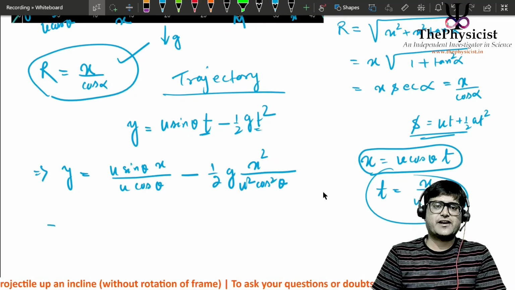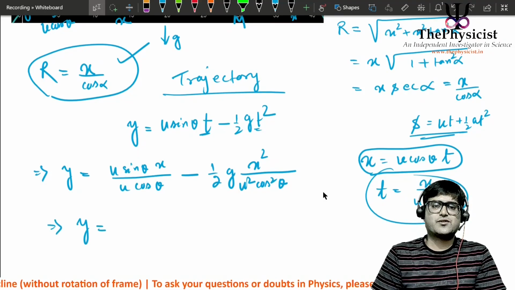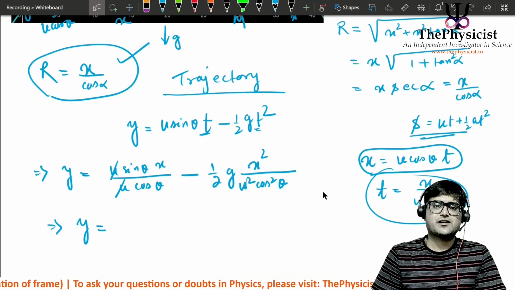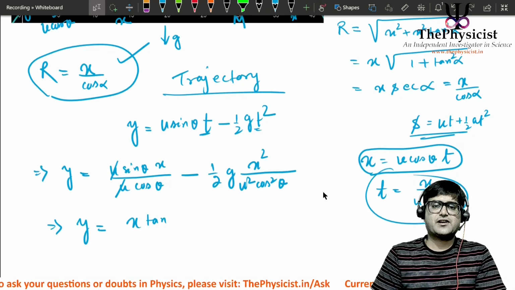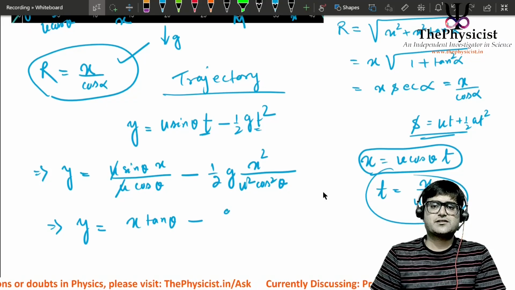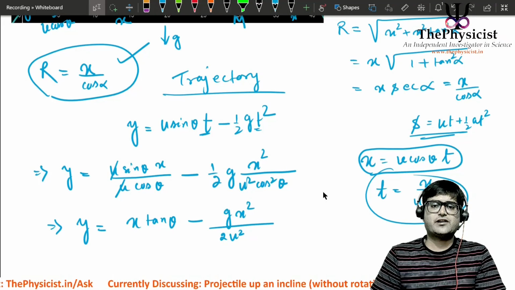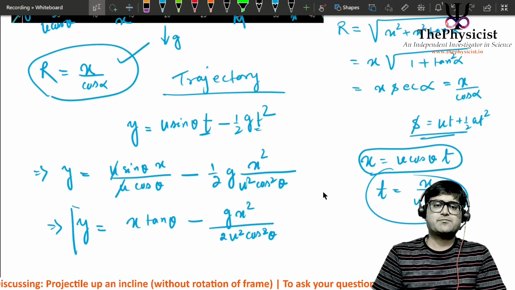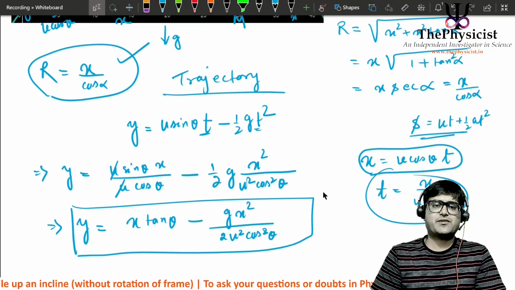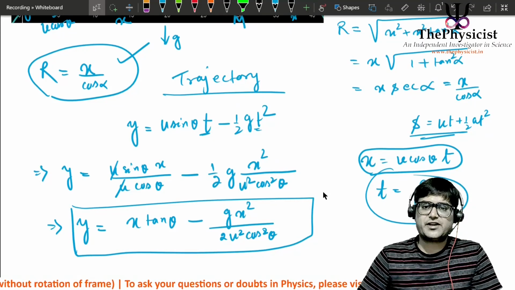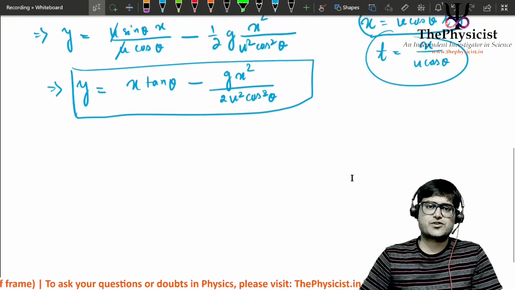right? Let's simplify that. So y is going to be, u and u cancels, x tan theta minus g x squared divided by 2u squared cos squared theta. That's my y, which is the same trajectory equation that we used for the ground to ground projectile.